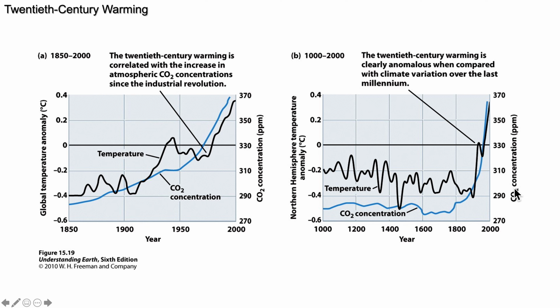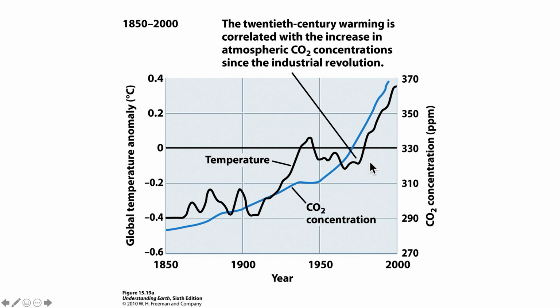So again, there appears to be a correlation between CO2 and temperatures. Again, focusing on the 20th century, we can see a rough correlation when we take into account other things we're doing to the atmosphere, such as the sulfate aerosols. We can account for these oddities.